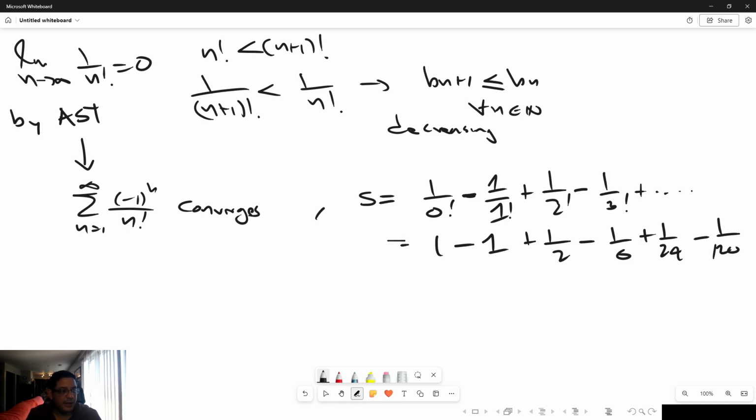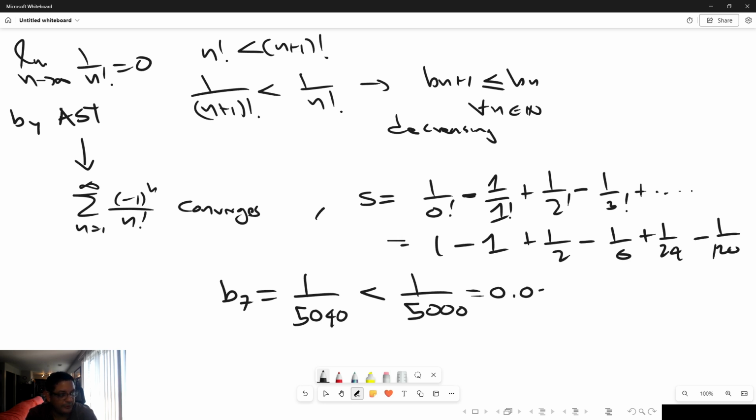So now if I check what is, let's say, b_7, the seventh term of the sequence, this is going to be 1 over 5040, and this is less than 1 over 5000, which is approximately 0.002.